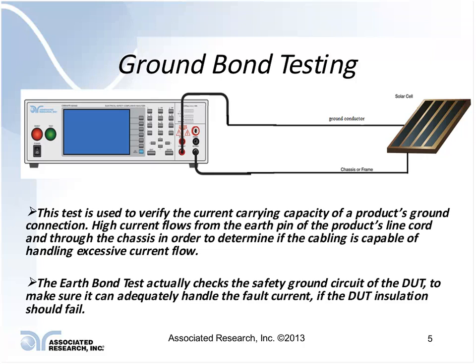So basically what's happening here is we have high current flowing out through the ground conductor to our solar cell, and it's looking for a chassis point, which let's just say is a frame chassis point. It finds it and goes back to the return, and if it can handle that 25 or 30 amps or whatever the case might be, we know we have a good ground connection. That's an earth bonding test.